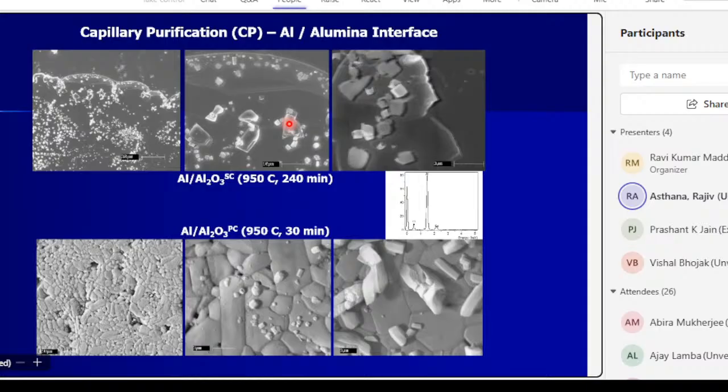In both cases, you see some kind of a dissolution reaction behavior, which means you have some new aluminum oxide crystals forming on the original substrate. So in this case, there is no chemical reaction because aluminum will not react with aluminum oxide, but there is still chemical interaction because the aluminum oxide substrate dissolves in the liquid aluminum droplet, and then again it reprecipitates into new crystals during the cooling process.